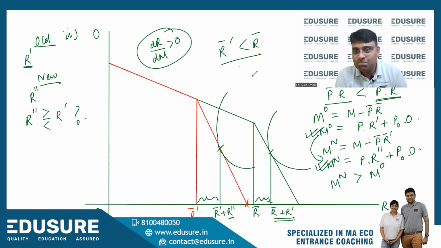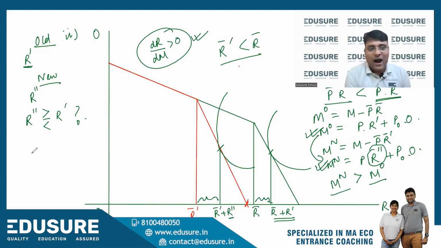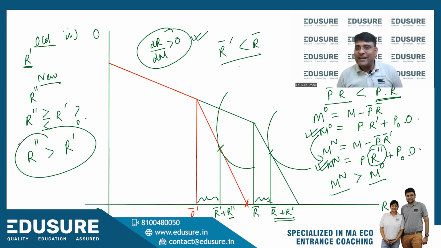So the money income after the new ration quota is greater than the money income with the old ration quota, right? So what should happen to the amount that I consume over and above the ration quota? It has to go up because it's a normal good. Right? So therefore, R double dash will be greater than R dash. The amount of rice consumed over and above the ration quota will increase.